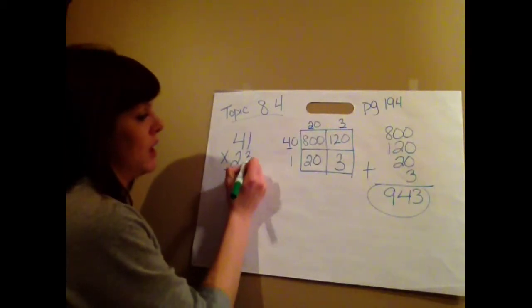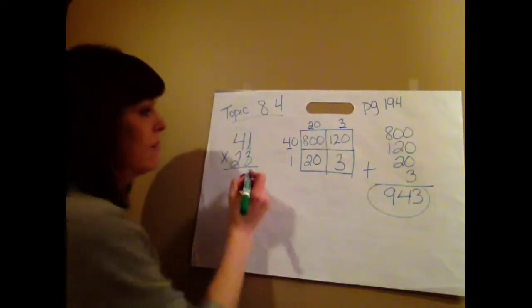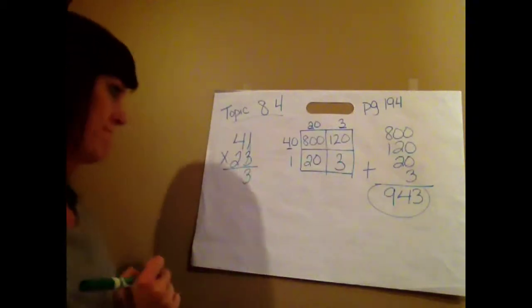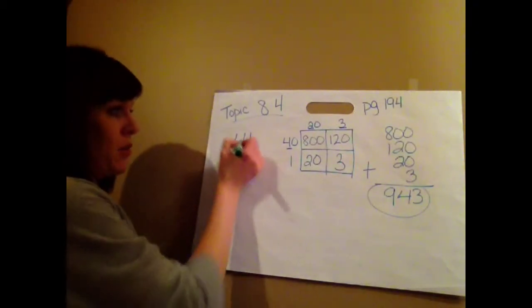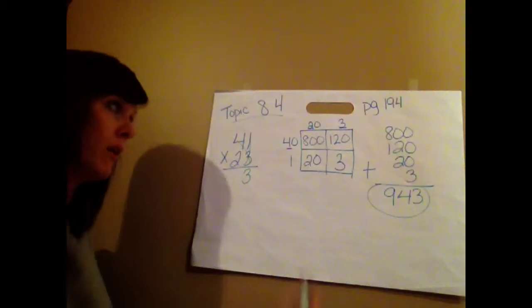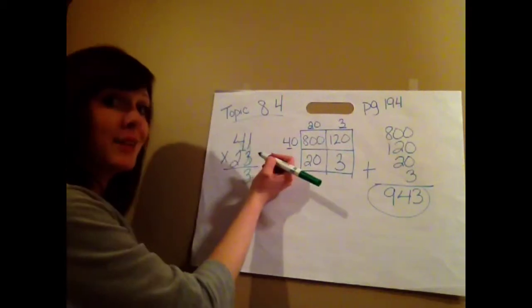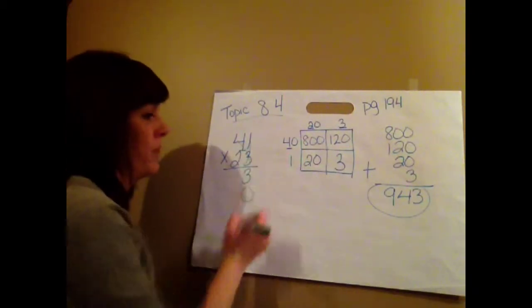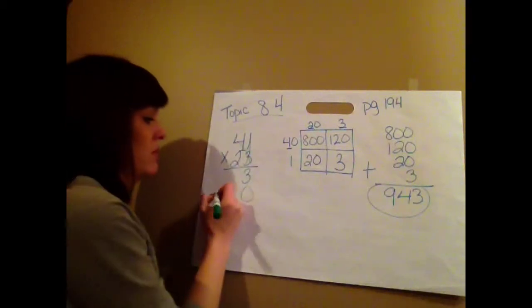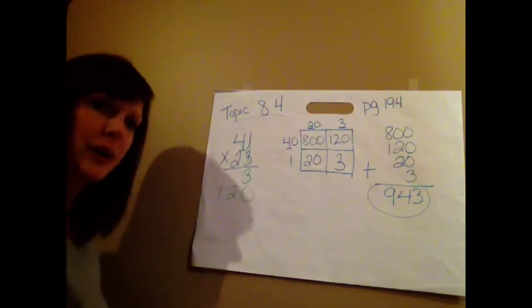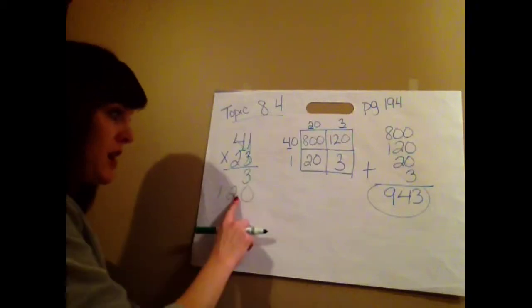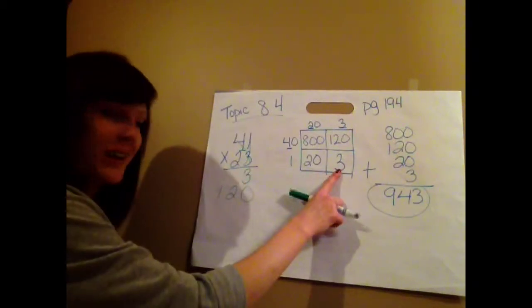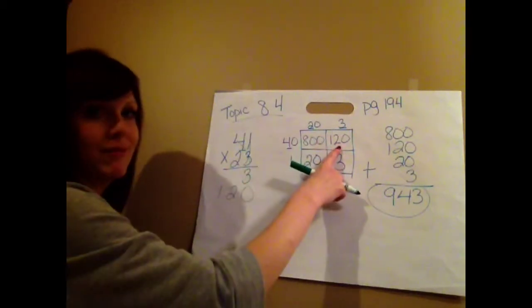I'm going to take 1 times 3, which is 3. And now I'm going to take 3 times 4. However, this 4 is in the tens place, so I have to have a 0. So 3 times 4 is 120. You'll notice that I have 3 and 3, 120, 120.